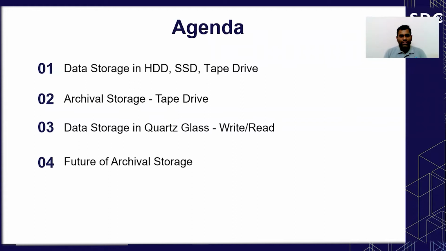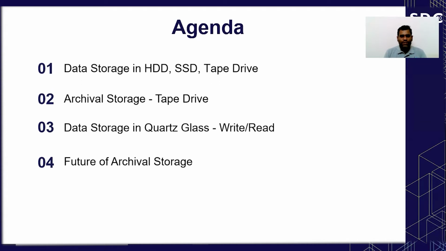Let's see the agenda of this session. First, we are going to see how we are storing data in HDD, SSD, tape drive, and the pros and cons of all these options. Then we will see what archival storage is and why we prefer tape drive for archival storage.